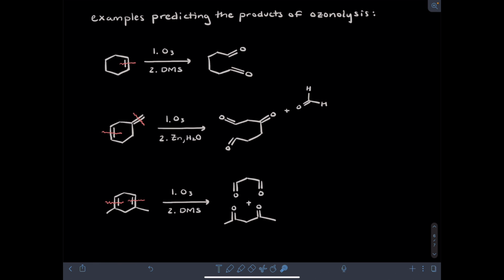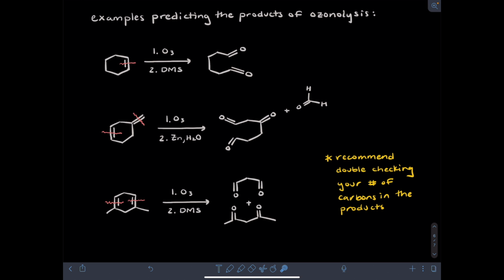Each carbon-carbon double bond is broken, and each of those carbons is now doubly bonded to an oxygen. In ozonolysis, I really recommend that you carefully check your number of carbons in the products. It's really easy to add or remove carbons when drawing these products.